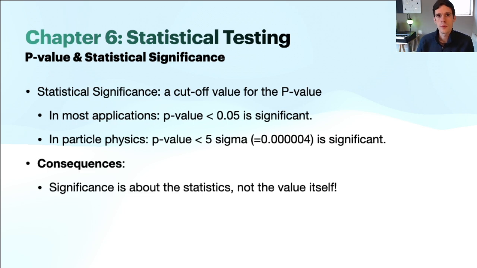Let's now talk about some consequences of taking the p-value as a measure for statistical significance. The first one is that the significant part of this word is about the statistics and not about the value itself. For instance, you could read a headline stating significant difference found in IQ between rich and poor. Now, this significant part will not be about the actual value of the difference or the magnitude of this difference. It does not mean that there is, for instance, a large difference of, let's say, 30 IQ points.